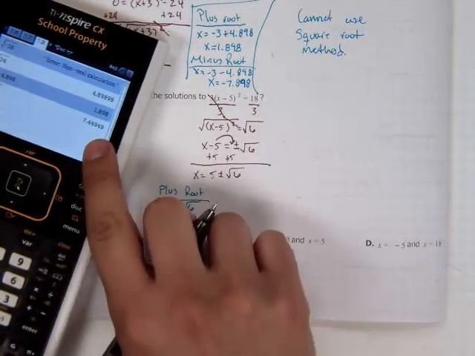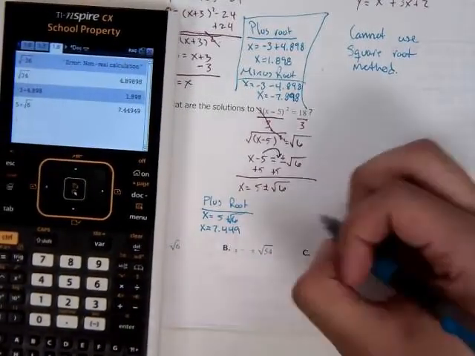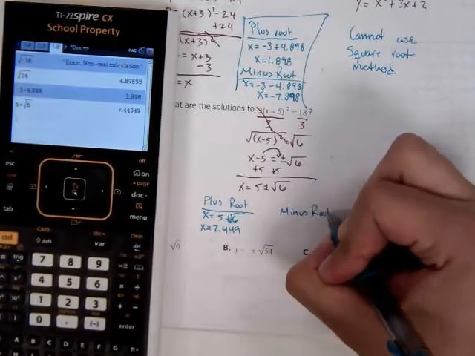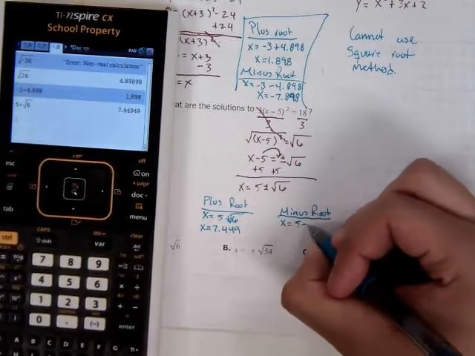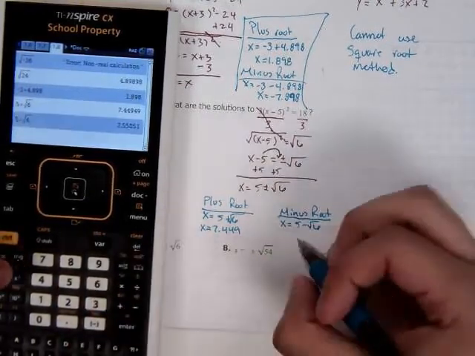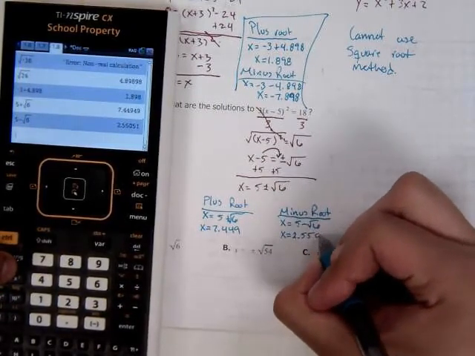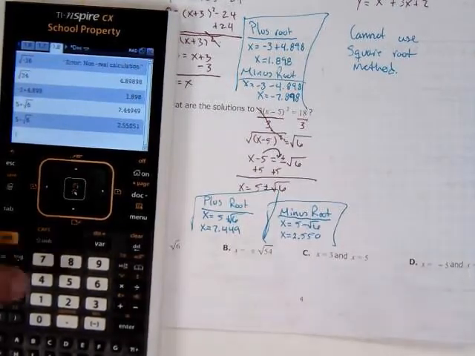Cut it off at the third decimal. Now the minus root. X is equal to 5 minus the square root of 6. X equals 2.550. And there are two answers.